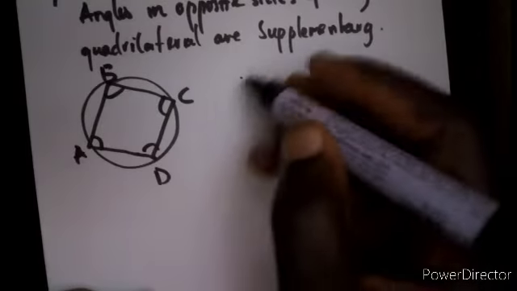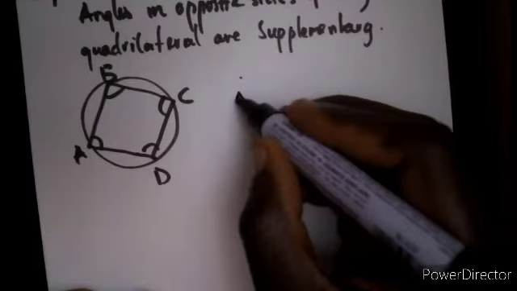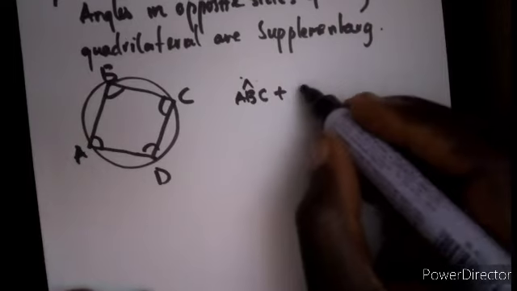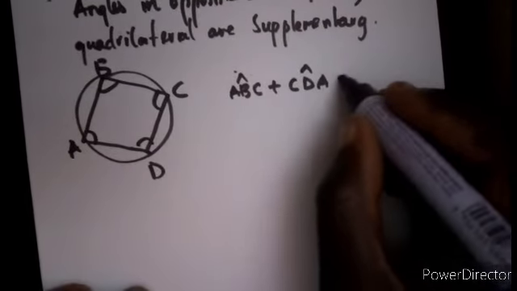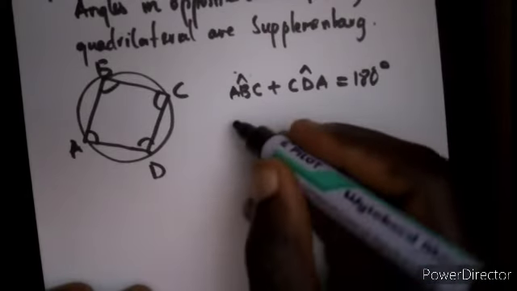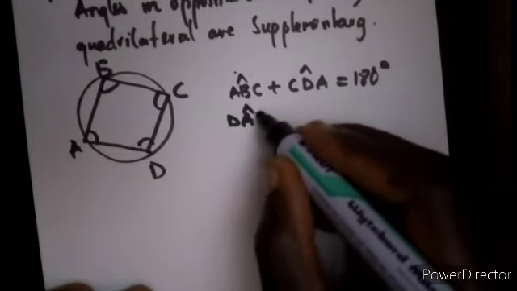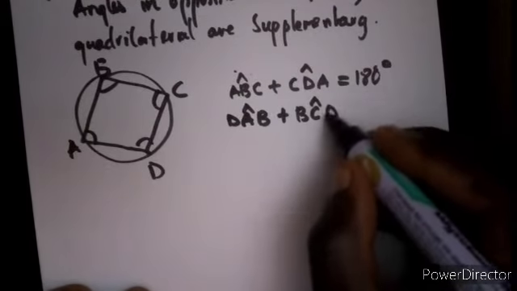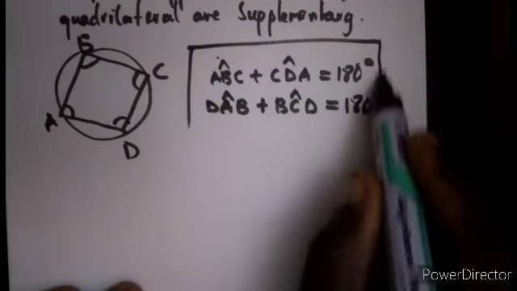That is, angle ABC plus angle CDA is equal to 180 degrees, and angle DAB plus angle BCD is also 180 degrees.